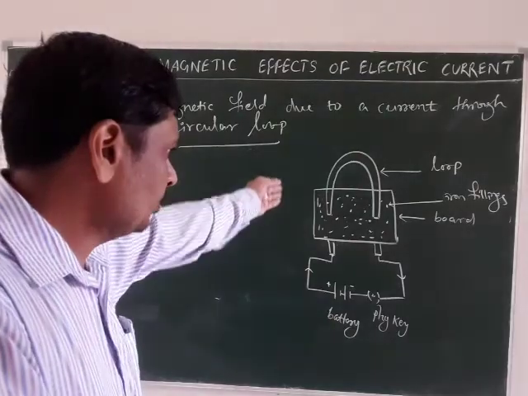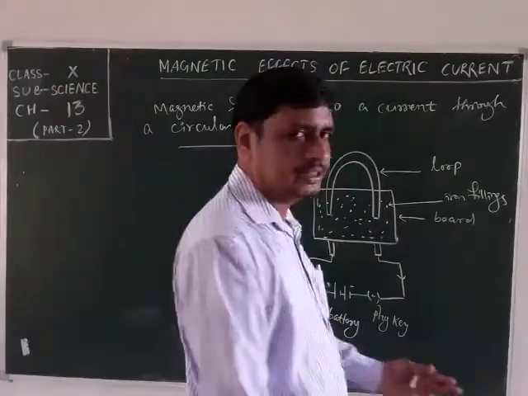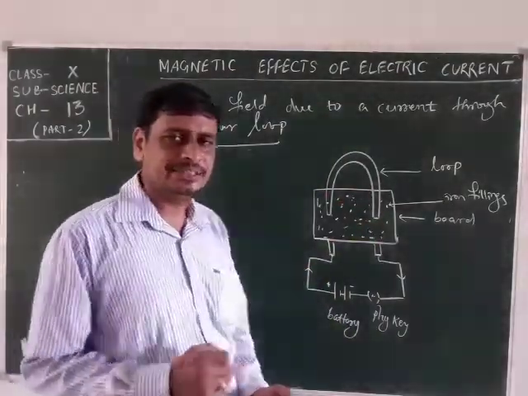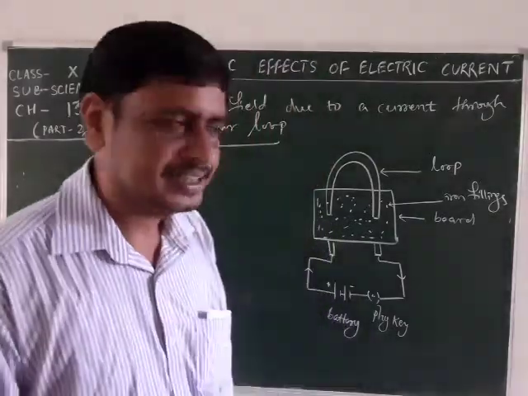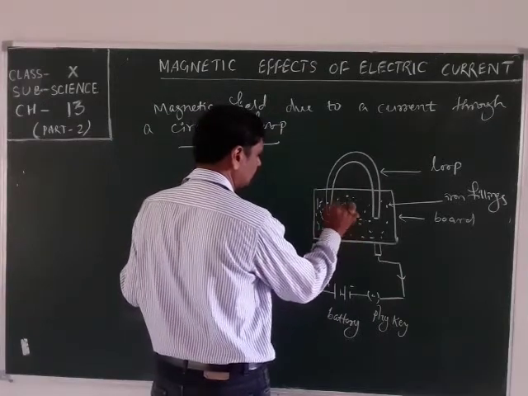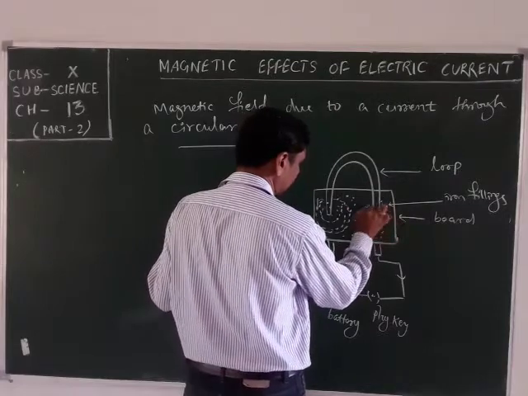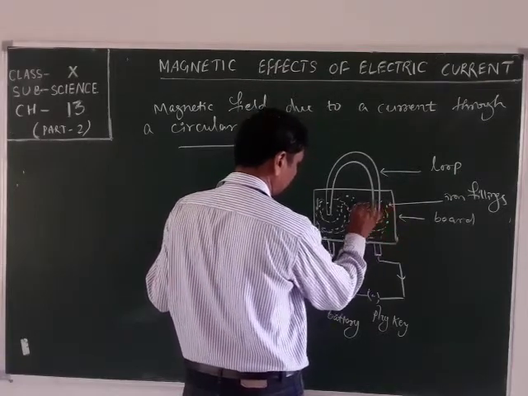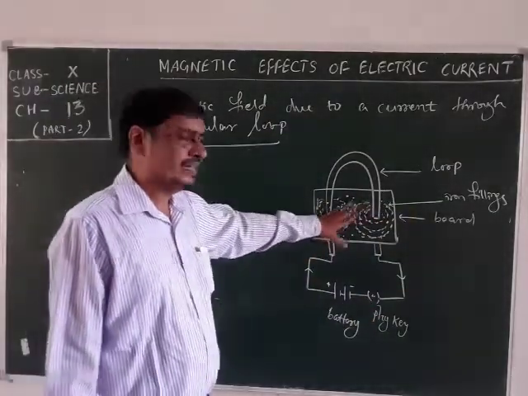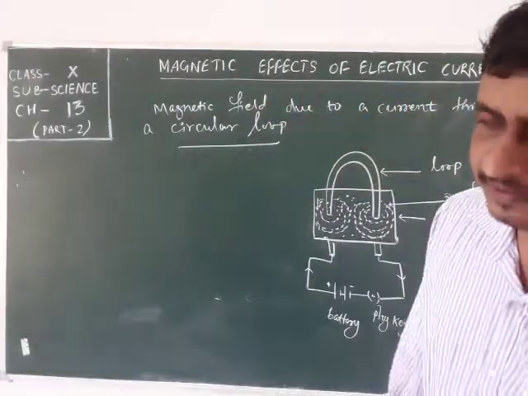When electric current is flowing through this loop, you have to tap the board, and after some time you will observe that these iron filings arrange themselves in the form of concentric circles.